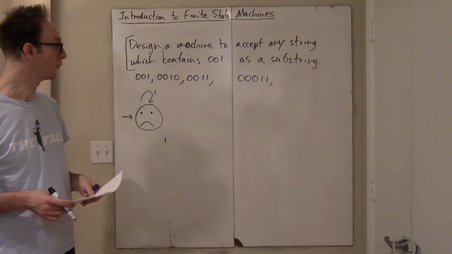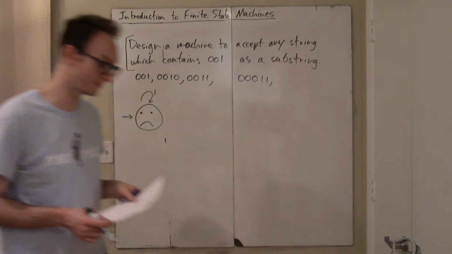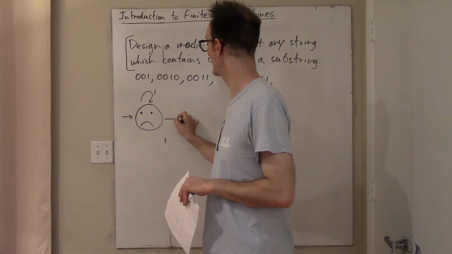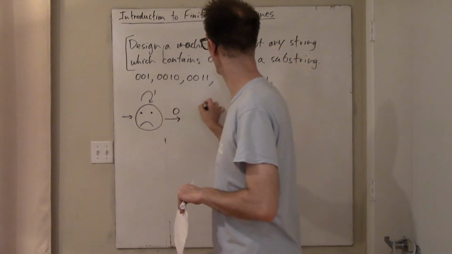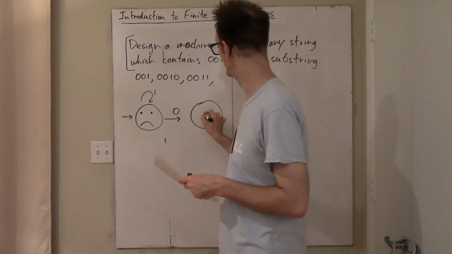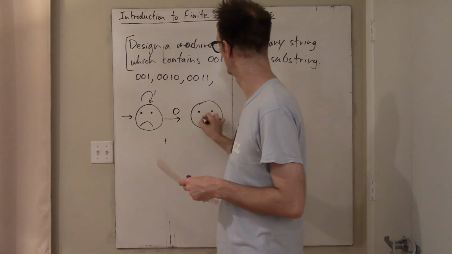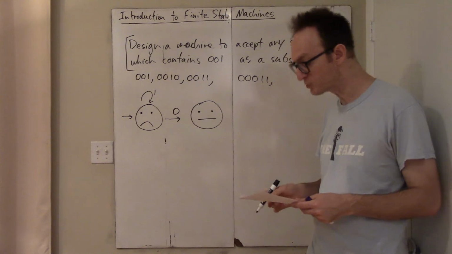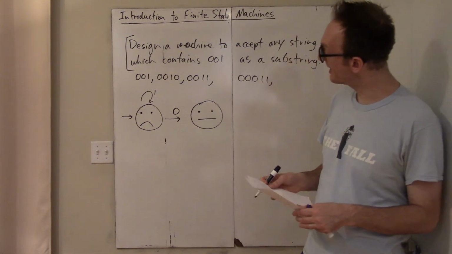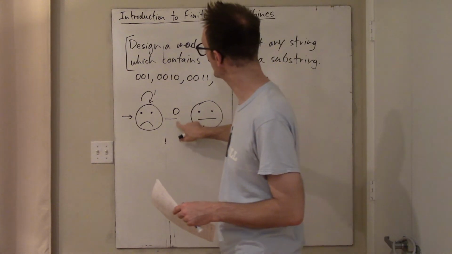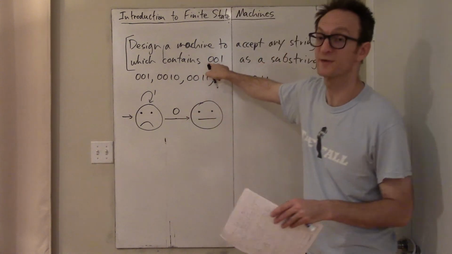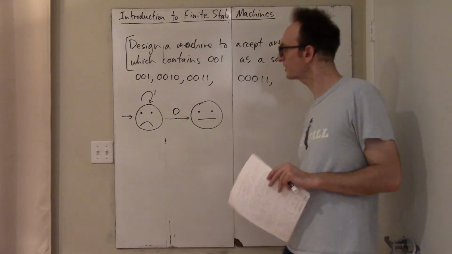Okay, well, one thing that would make me feel a little bit better is if I saw a 0. So if a 0 comes, and, spending a lot of time with a 2-year-old lately, it's really improving my general emotional intelligence, I'm feeling a little bit better because 0 is the first character of the 3 characters I'm looking for.